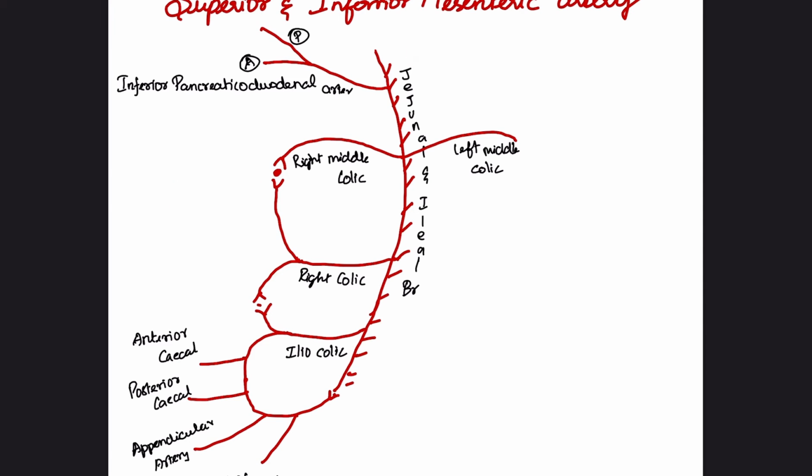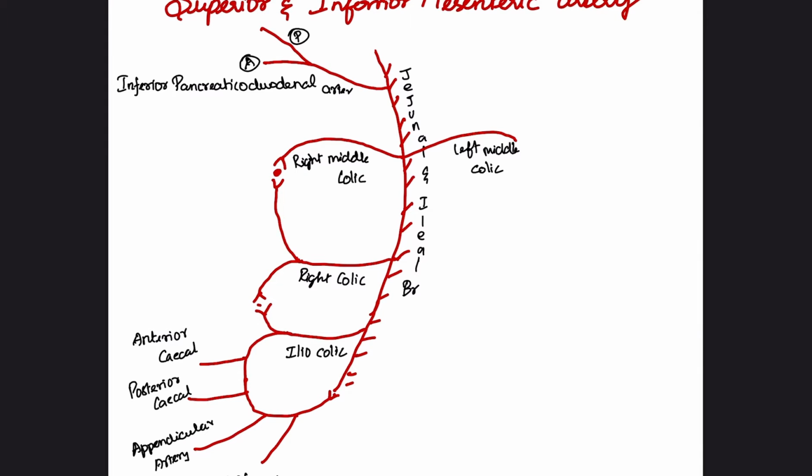On the convex side, there are numerous jejunal and ileal branches, and then on the concave side there are three branches. First, middle colic artery, which has two branches: right middle colic and left middle colic.